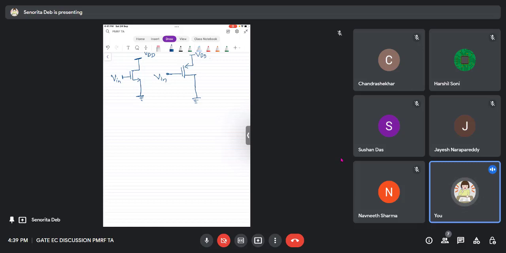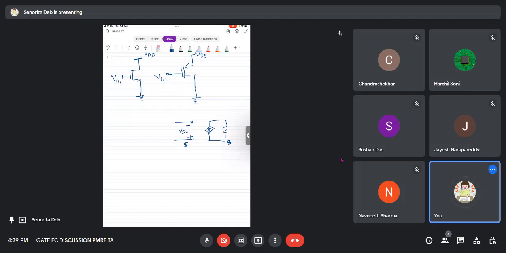So now what will happen to the small signal? It is simple. It will be like the way it was. Let us first draw the small signal. The current direction is now from source to drain, right? This is the source terminal here.